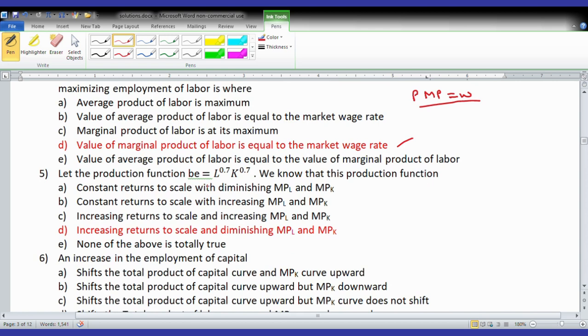Then we have, let the production function be L raised to power 0.7, K raised to power 0.7. We know that this production function has increasing returns to scale.